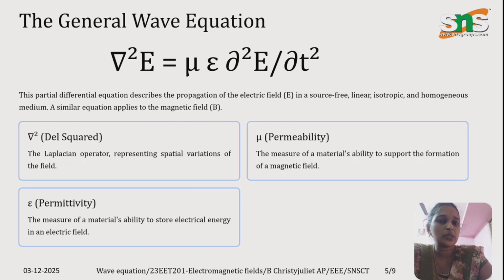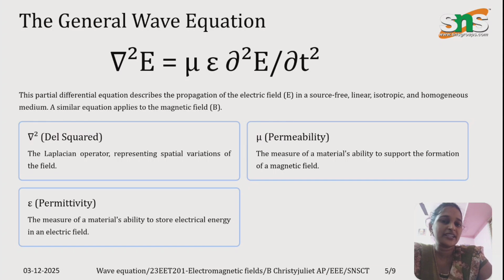A similar equation for the magnetic field will also be derived, which is given by del square H is equal to mu epsilon dou square H by dou t square. A simple replication of this wave equation for the electric field into the magnetic field can be easily done. So for the magnetic field, the E can be replaced by H, which is the magnetic field intensity. Here E is the electric field intensity.